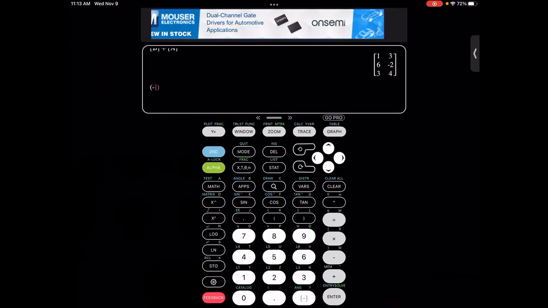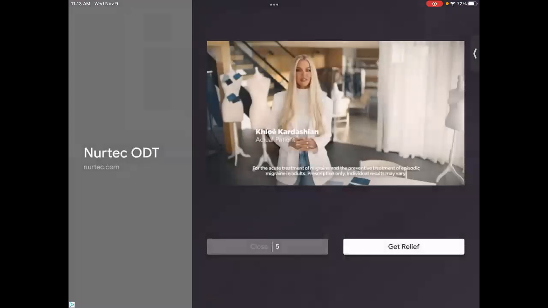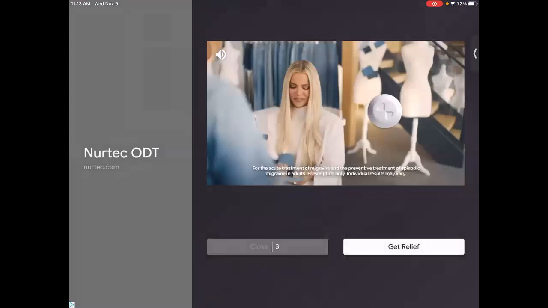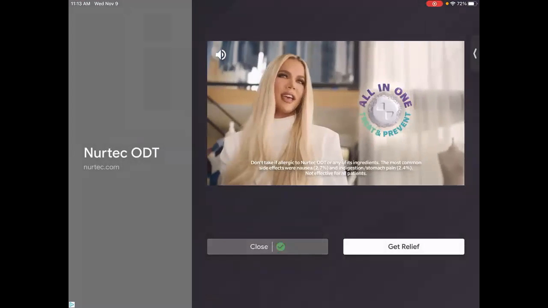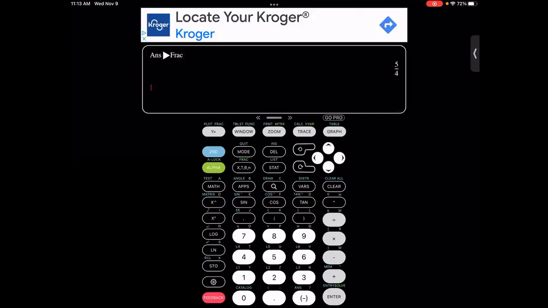Negative 5 divided by 4 times negative 5 and add to negative 5, which is subtract 5. It's 1.25. If you want to change to a fraction, you go to math and double click. 5 over 4.